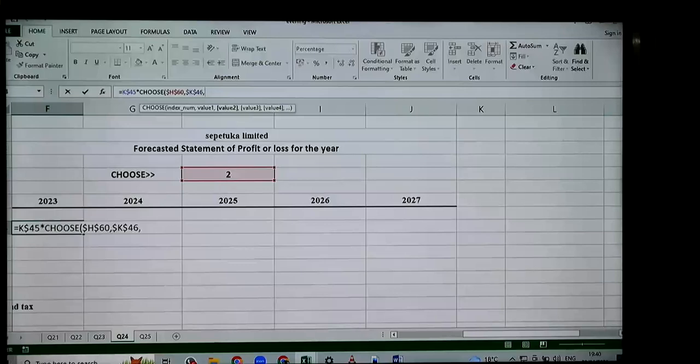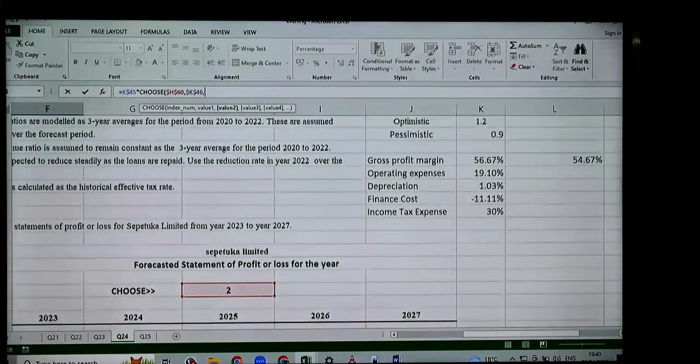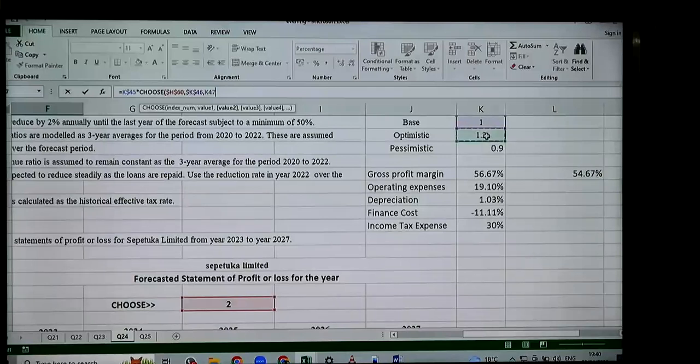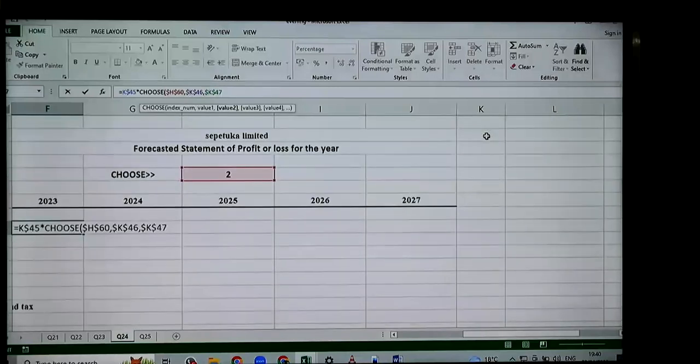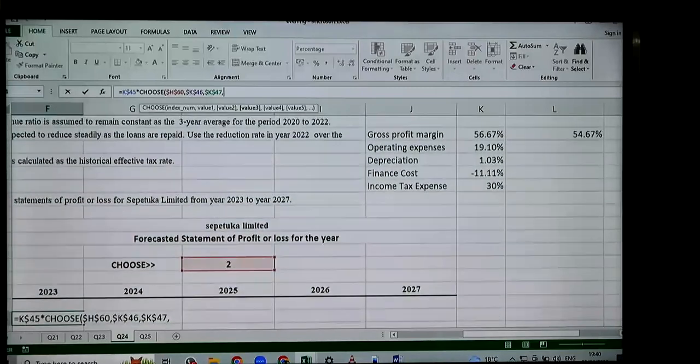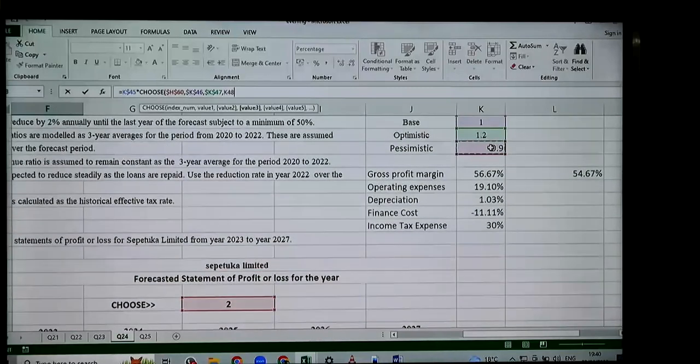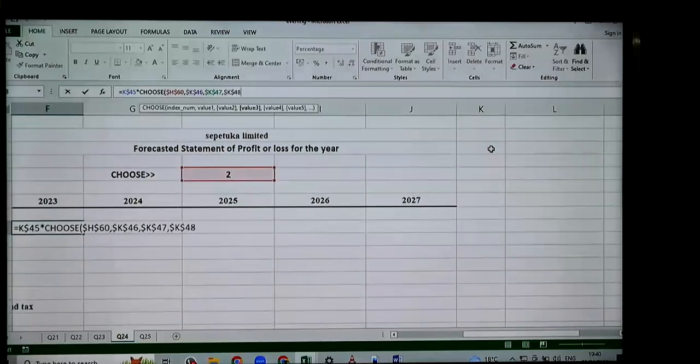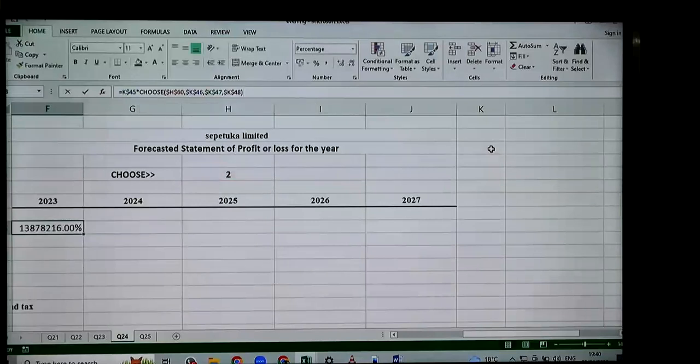Our value two will be our optimistic case, then F4, comma. Our value 3 will be our pessimistic case, this one here. And I press F4. Then I close my brackets, Control Enter.